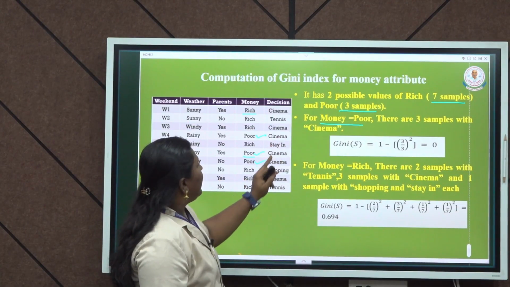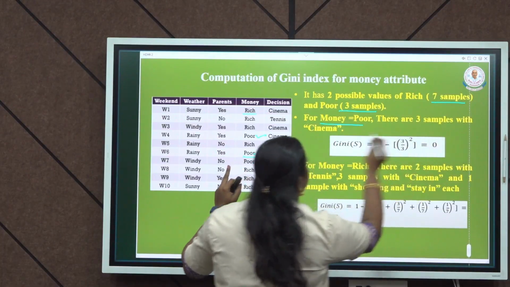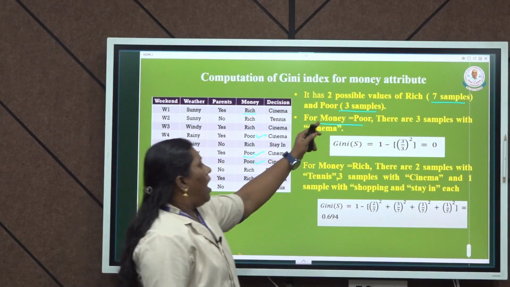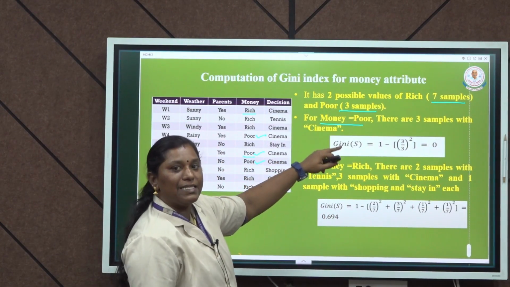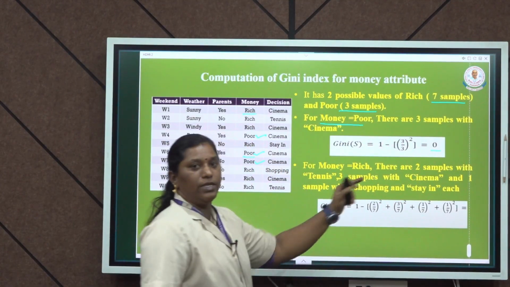When money is equal to poor, there are 3 samples with cinema. After applying the instances with the Gini index, we get the output as 0.